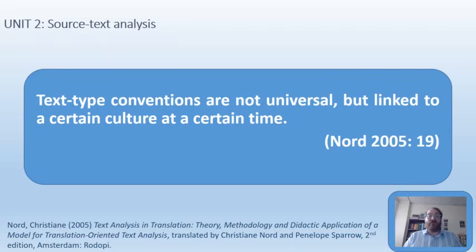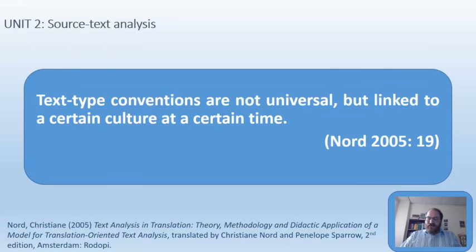to its new environment. And that's why Nort says that text type conventions are not universal, but are linked to a certain culture at a certain time. Now, what this means is that cultures and languages expect texts to work differently. They expect different levels of language to be used.